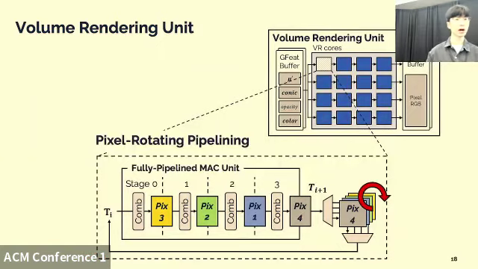To mitigate this problem, we propose pixel rotating pipelining. Since there is no data dependency between the transmittance of different pixels, the VR core keeps working on other pixels without any stall.